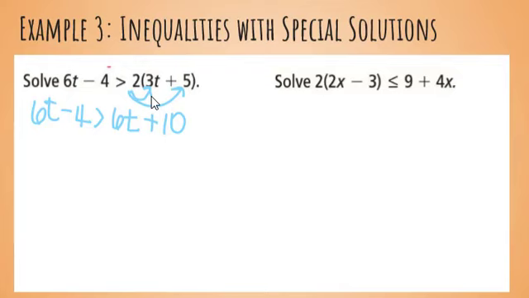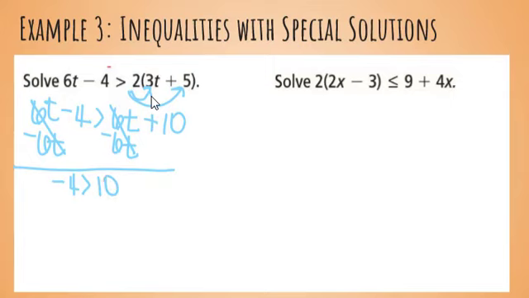We want to get the variable on the left side. So I'm going to take this 6t and subtract it from both sides. So this 6t cancels out, so I have negative 4 is greater than, and this 6t cancels out, so I bring down my 10. So now my variable has been eliminated.